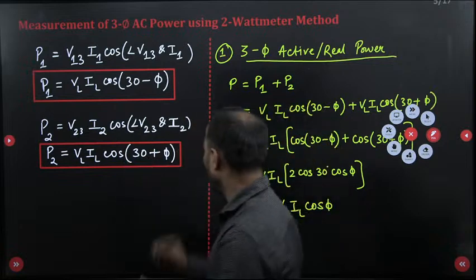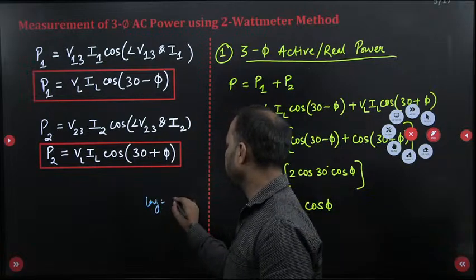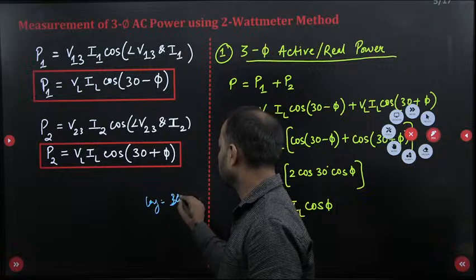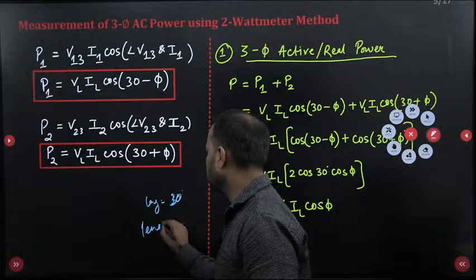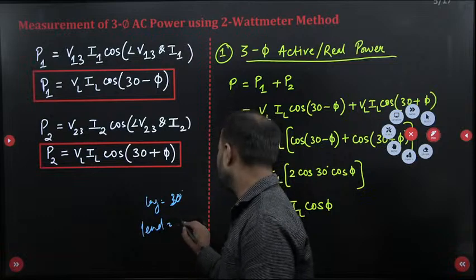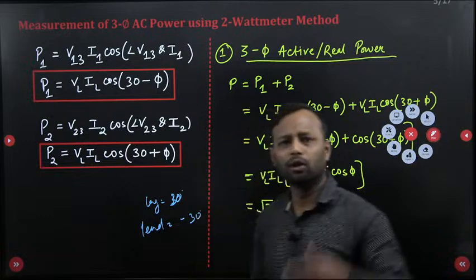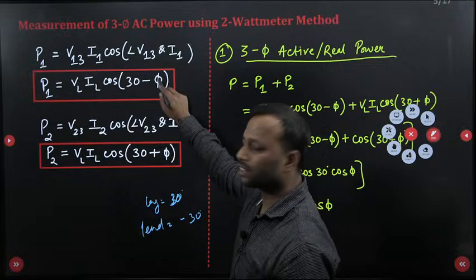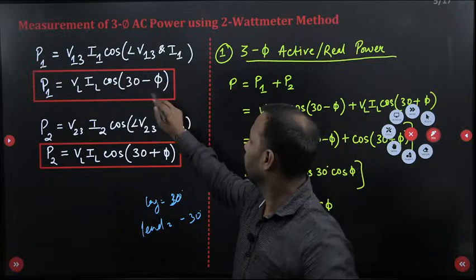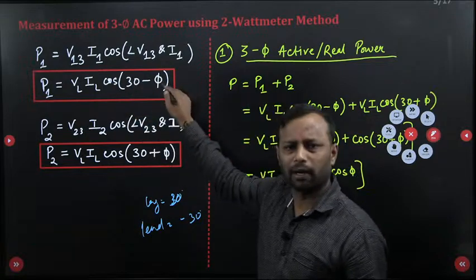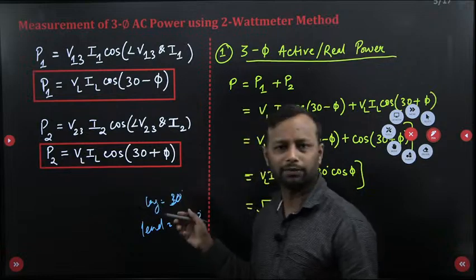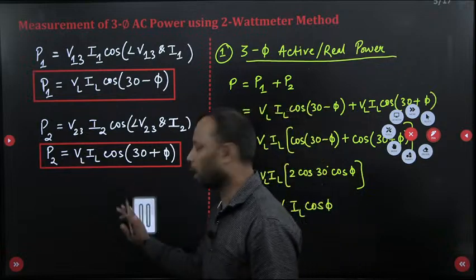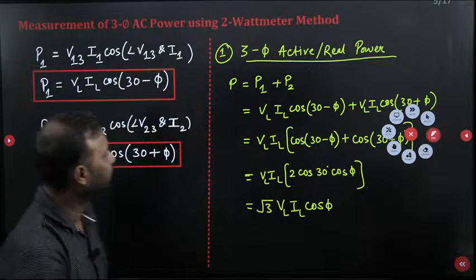Suppose for lagging you have taken the angle 30 degree, then for leading it will become minus 30. So replace phi with minus phi for the leading, then it will become 30 plus phi, and this will become 30 minus phi. In this way you can remember, this is a shortcut. All right.